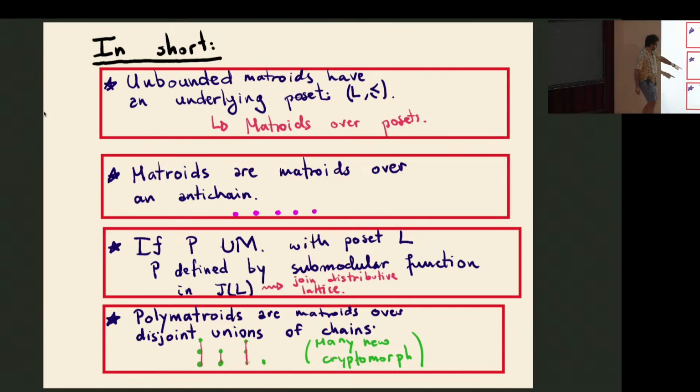Instead of looking at an antichain, I look at a partially ordered set in which I put a bunch of these join intervals. To play with this unbounded matroid, what I have to do is matroids over a poset. So these things are going to give many new cryptomorphisms for the theory of polymatroids. So yeah.